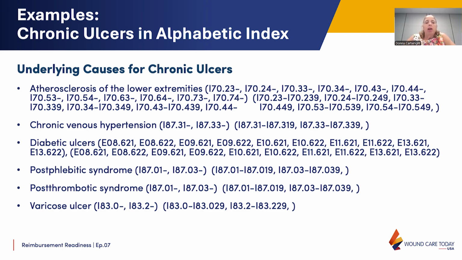So underlying causes for chronic ulcers, this is the same information that I provided you for vascular ulcers, which were in the vascular episode. So of course, the underlying causes for chronic ulcers can be atherosclerosis, chronic venous hypertension, diabetic ulcers, post-phlebitic syndrome, post-thrombotic syndrome, and varicose ulcers.